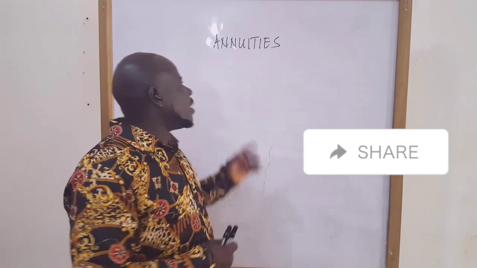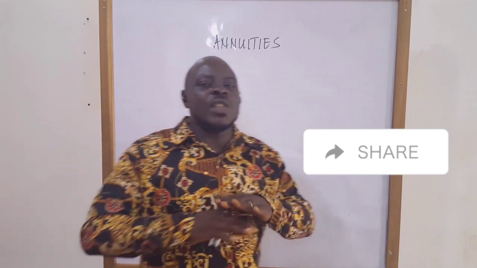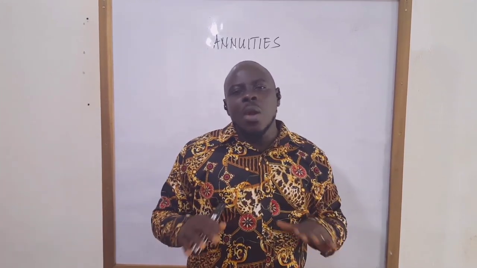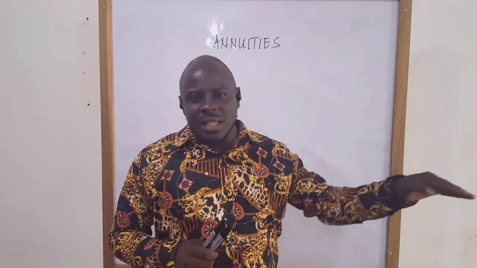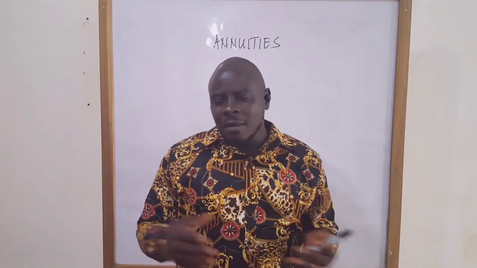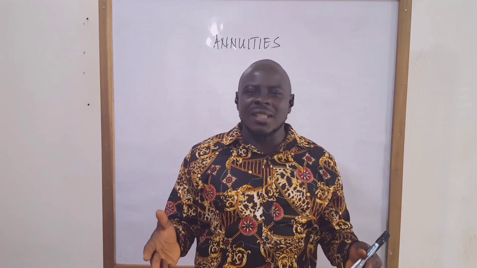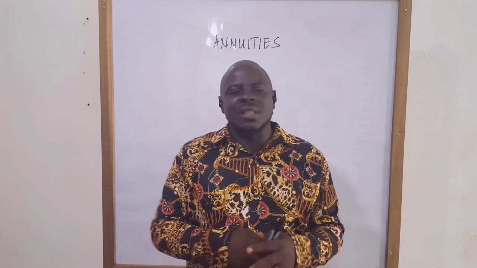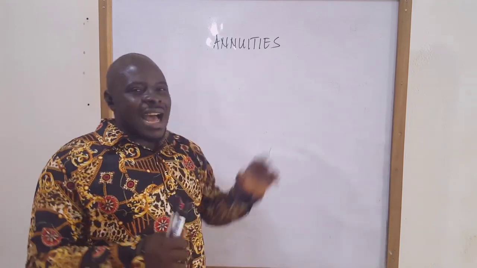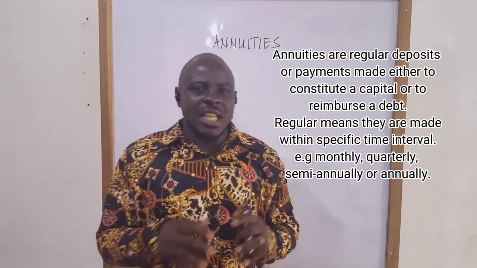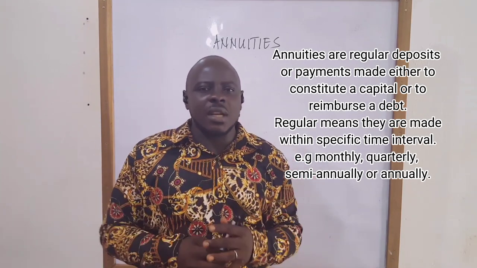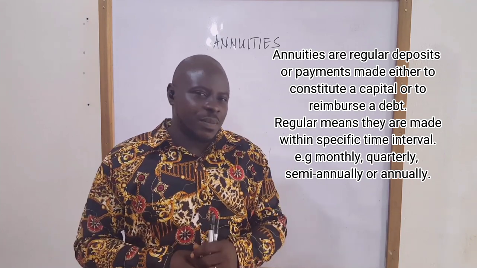Today, we will be working on annuities. Annuities is one of the most practical topics, whether in your life as an individual or in the life of businesses. Why? First of all, let's look at what an annuity is. Annuities are regular deposits or regular payments made either to constitute a capital or to reimburse a debt.